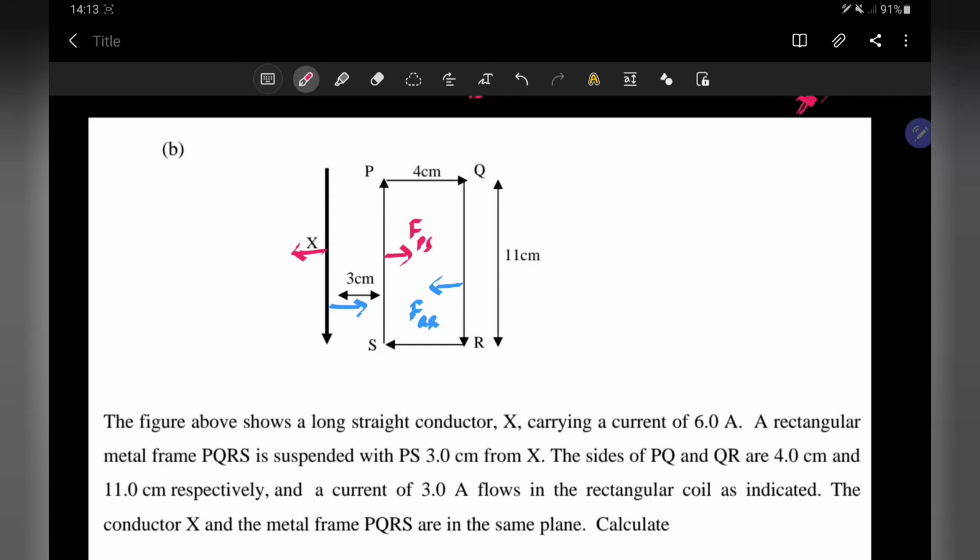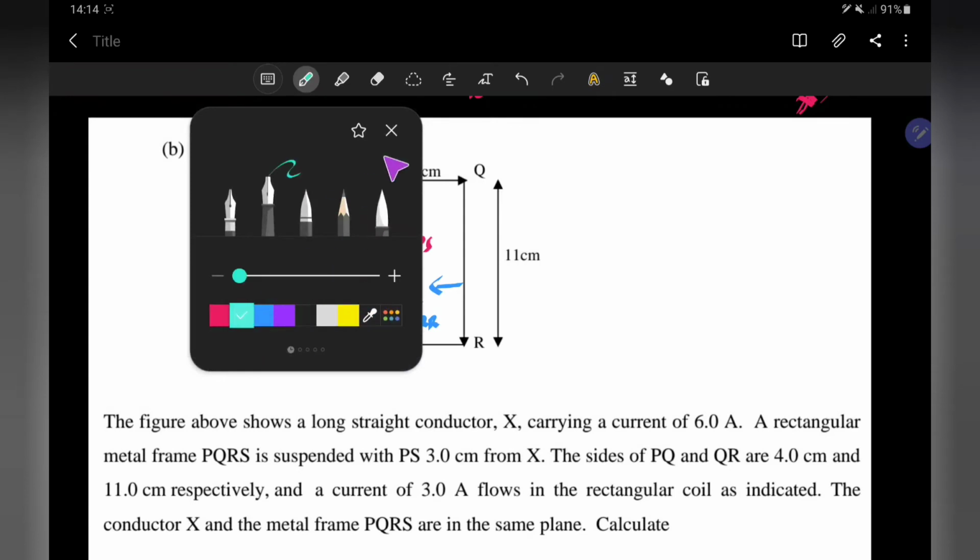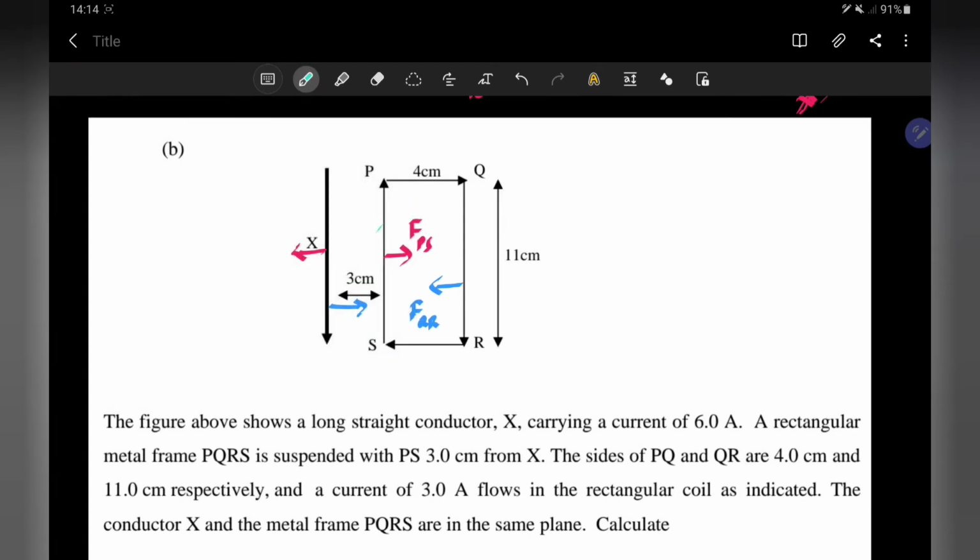So this is the current flowing through the rectangular coil. The current given is like this. This is the current. Seems like PS and X are parallel to each other, but the direction of current is in opposite direction, isn't it? So they will repel each other.